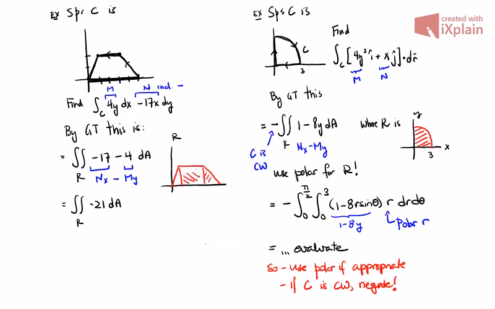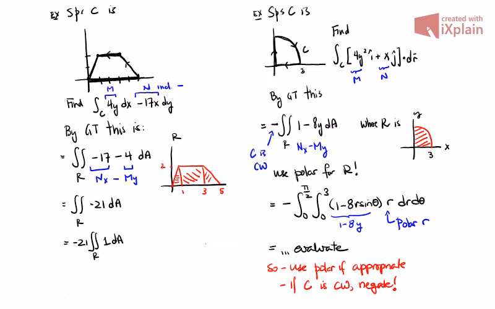I'm dividing it up with vertical lines just to help us see something. This is at 2, this is at 1, this is at 3, this is at 5. The thing I want us to see is that the integrand is a constant. That might not strike any particular chord, but constants can be pulled out. And so this becomes negative 21 integral over r of 1 dA.